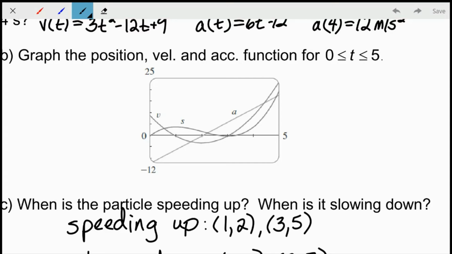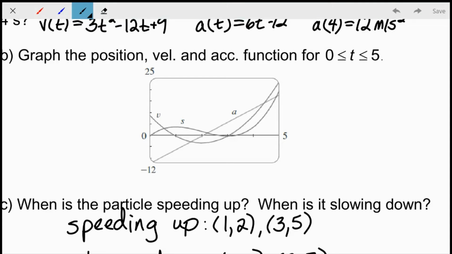So when I'm looking at velocity and acceleration, if those vectors are pointing in the same direction, we're going to be speeding up. If those vectors are pointing in opposite directions, we're going to be slowing down. So that's really the way that I think about this, is from the vector perspective, because the acceleration vector is the rate of change of the velocity vector.